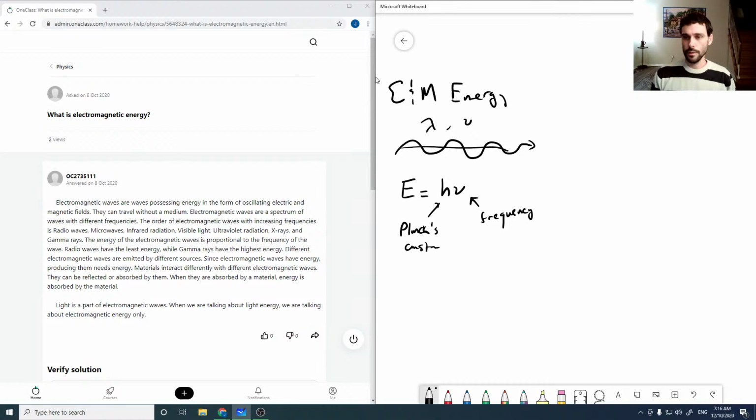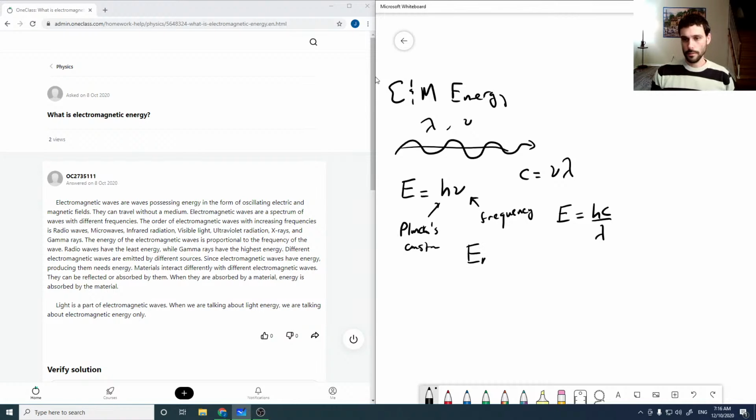But also, as with any wave, but in particular for light, our speed of light is the product of our frequency and our wavelength, and so we can also define our energy as hc over lambda. And these are energies per photon, right?